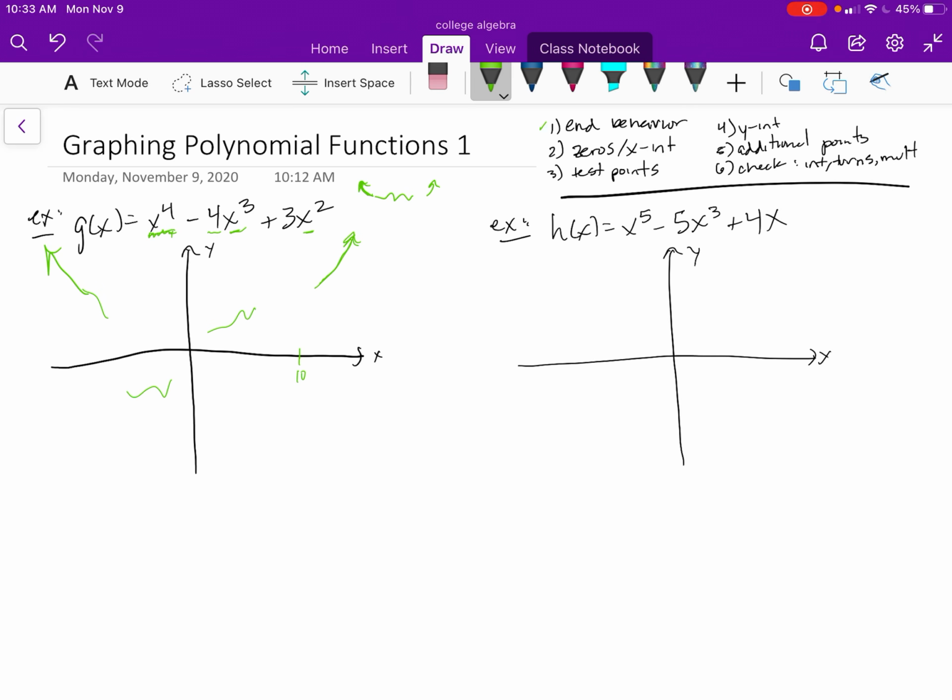That's step 1. Zeros and the x-intercepts is something else we want to look at, and then test points, I'll explain that. The y-intercept is probably the easiest thing. I often start with the y-intercept because the y-intercept simply means to substitute 0 in for x. If x is 0, where does it hit the y-axis?